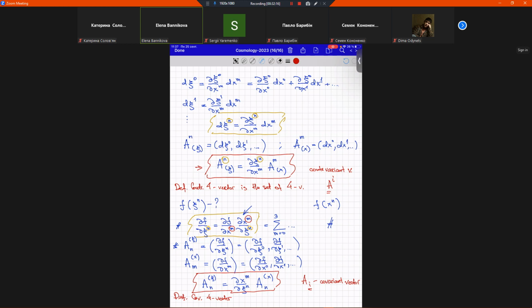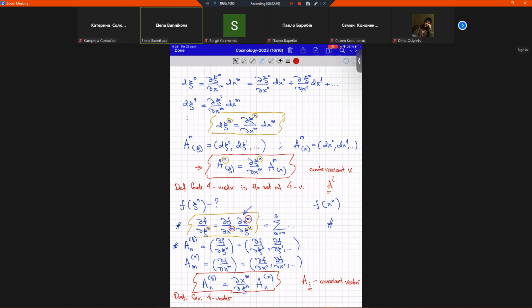Since we plan to work with general relativity, we will put the definition for 4 vectors, which is in principle the same. If you put n not from 0 to 3, but another number, you will have another dimension of space. So this is just general.